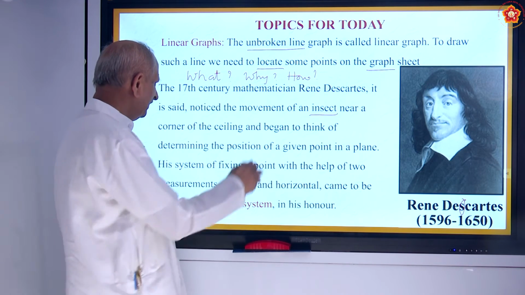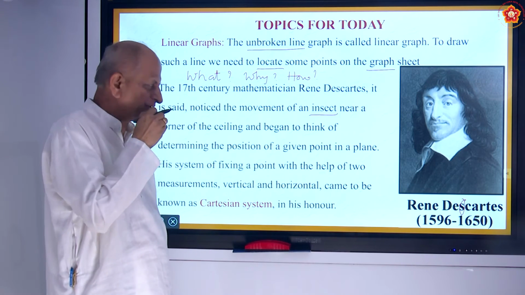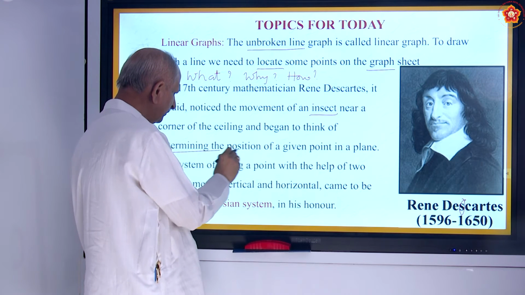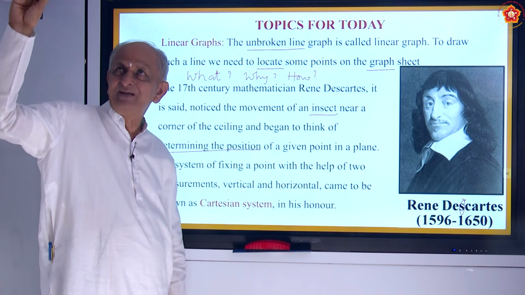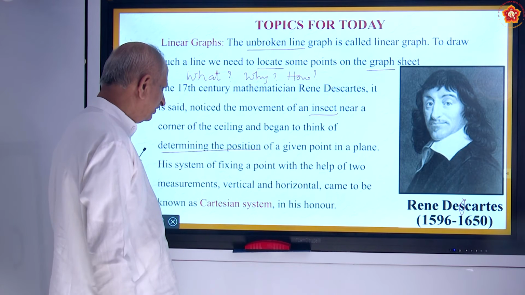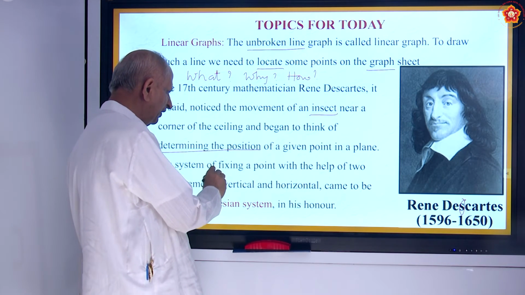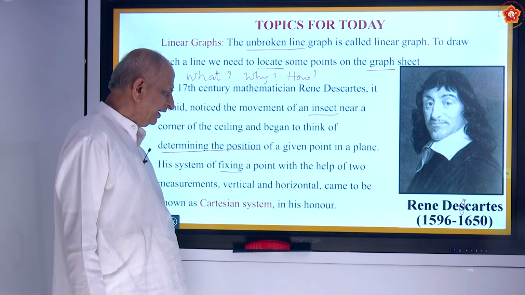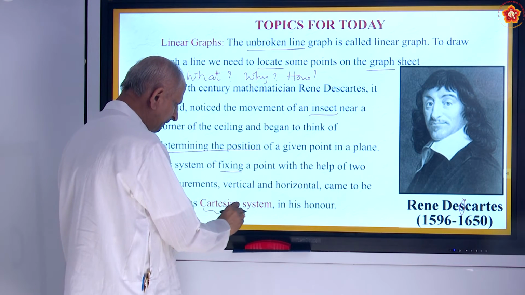So he also saw an insect on the ceiling moving from one position to another, and he thought of determining the position. In the morning it was here, and it moved to that place. So he observed the movement and thought of giving a place to it. The system of fixing a point with the help of two measurements, vertical and horizontal, came to be known as the Cartesian system.